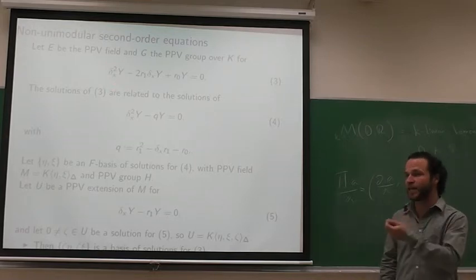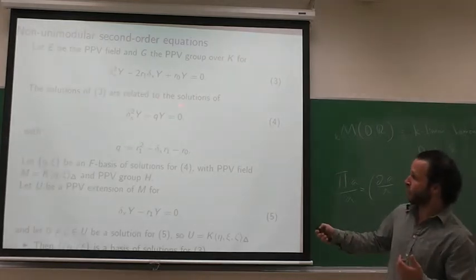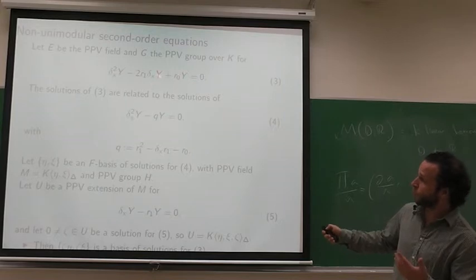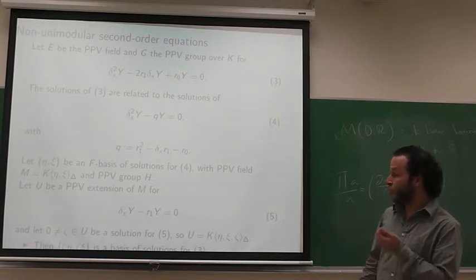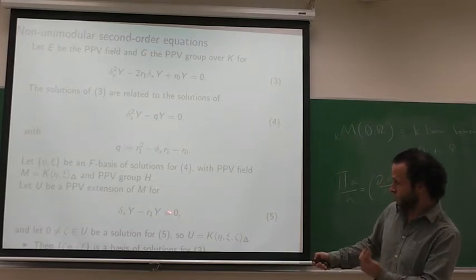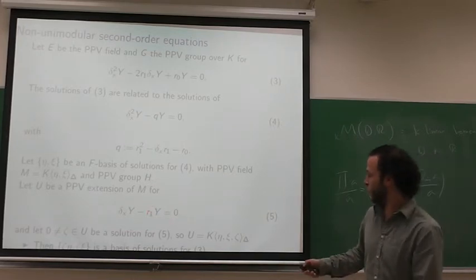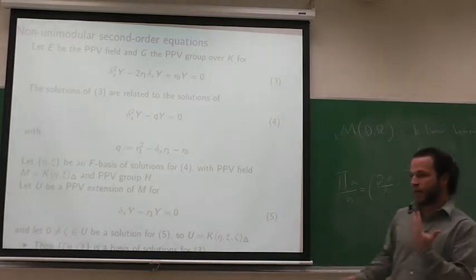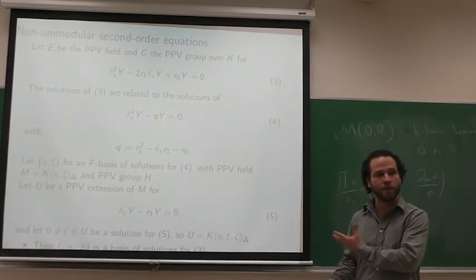Okay, so this change of variables between an equation that you want to solve and one that you don't yet is given very concretely by multiplying by an exponential element, right? Something that satisfies this equation, and all of this is happening inside of this big PPV field here.